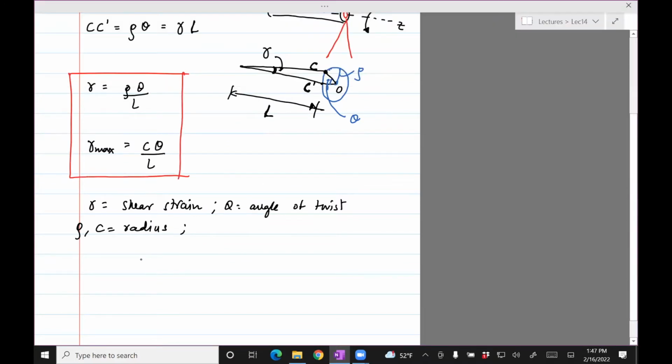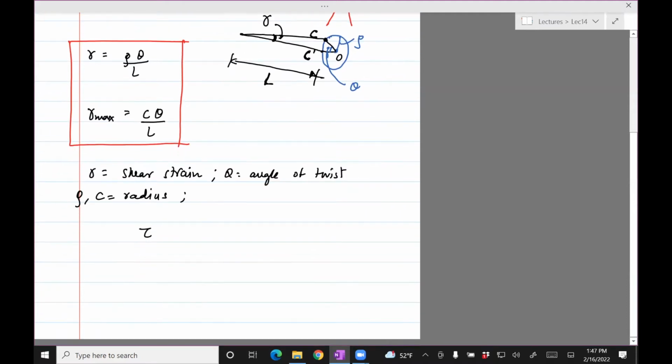Now by definition, the modulus G is the ratio of tau divided by shear strain. This is very similar to the definition of normal Young's modulus. Young's modulus is defined as the normal stress, sigma, divided by the strain.